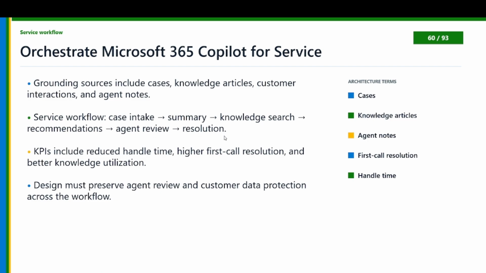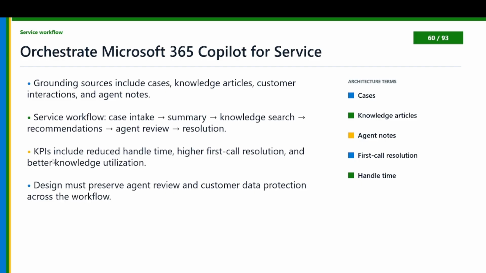You can see it's very simple and fantastic. KPIs include reduced handle time, higher first call resolution, and better knowledge utilization. These are the business value that this will add to the business.